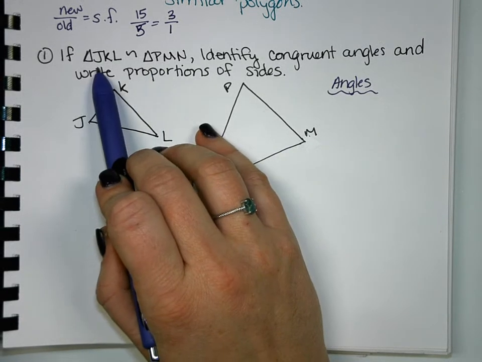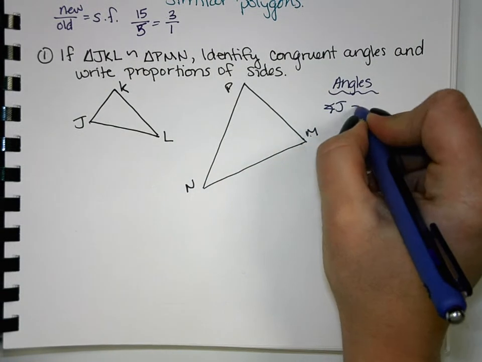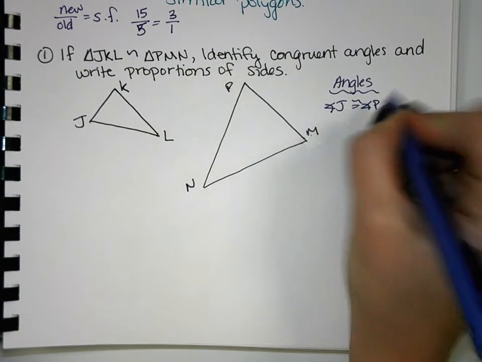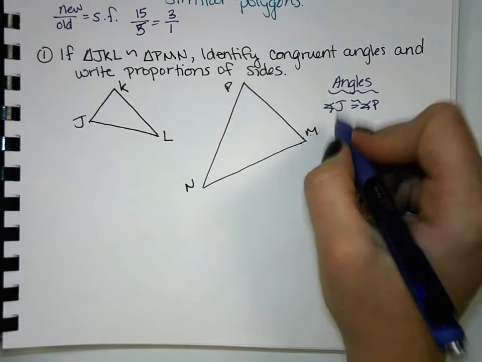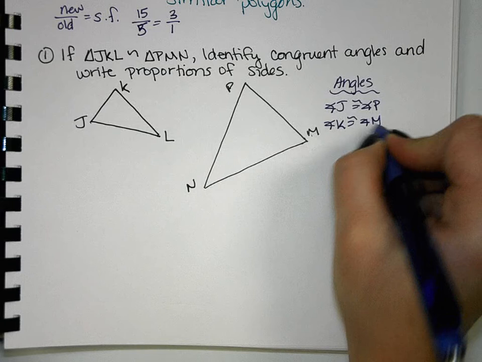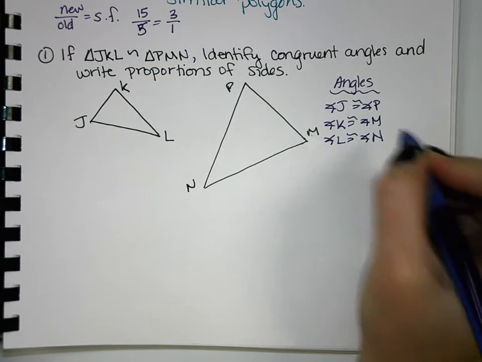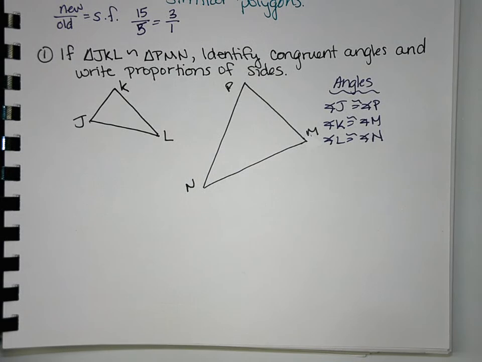Oh, J would go with P. So that means angle J will be congruent to angle P. What would angle K go with? M. K would go with M. And then L will go with N. Because we know they're similar, we know corresponding angles will be congruent. And we can find the corresponding angles the same way that we did back in chapter 3 with our congruent statements.